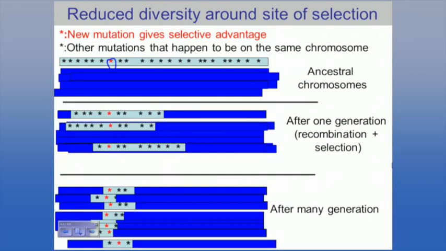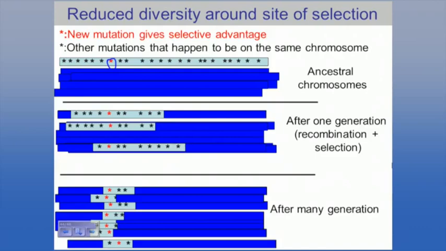There's more of this red chromosome, but there's also been recombination, so it's been broken down. You have these breaks, and the chromosomes that have your red mutation have a number of these passenger mutations around as well, but not across the whole chromosome. After many generations, the red marker has gone to fixation in the population.